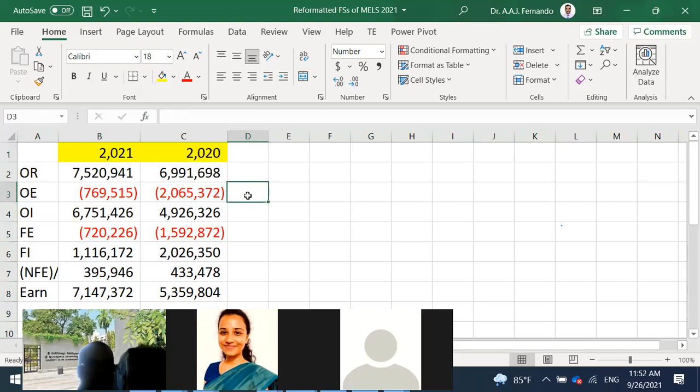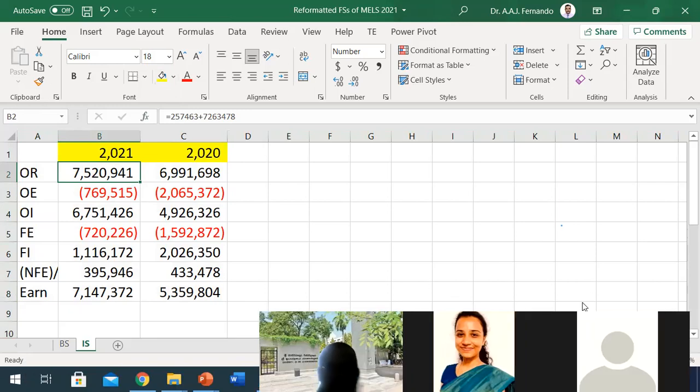Can you compare your numbers? It is the summation of revenue, sales revenue, and other income for both. Is that clear? Please confirm before proceeding further.